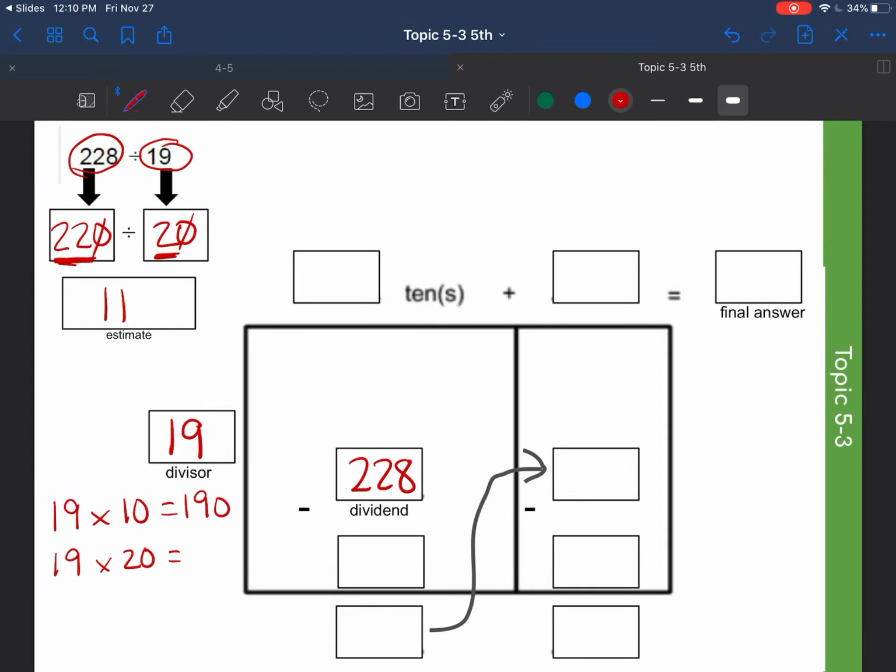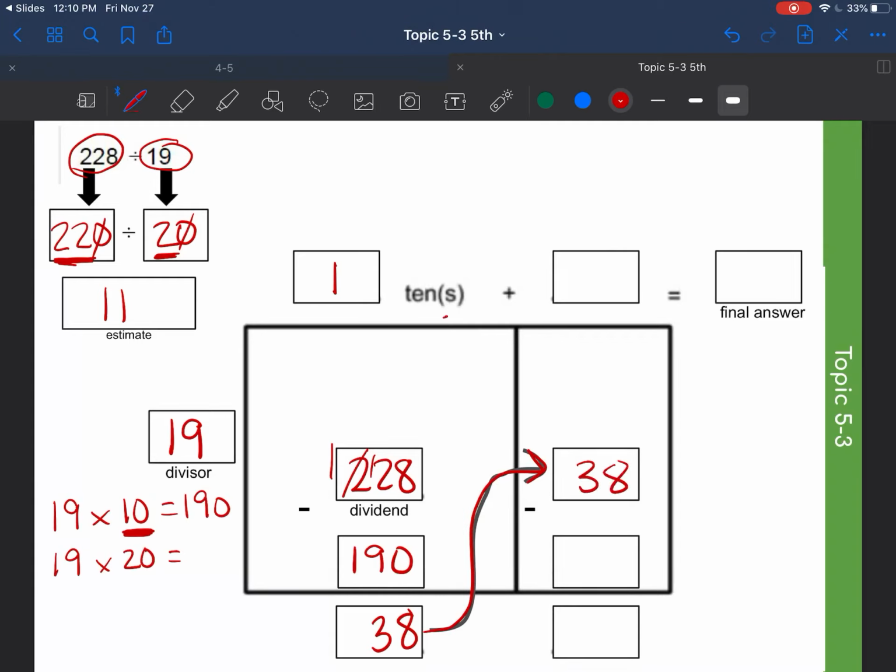So 19 times 1 ten, because we just figured out 1 ten is the same thing as saying 10. So 19 times 1 ten gets you as close to 228 as possible, which is 190. Okay, so now we subtract. So 12 minus 9 is 3. And now, so we only have 38. And we put the 38 now up here.